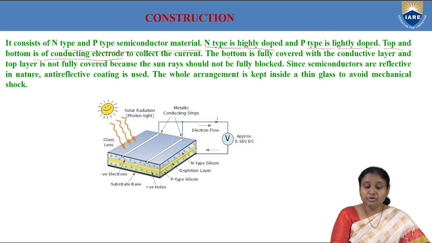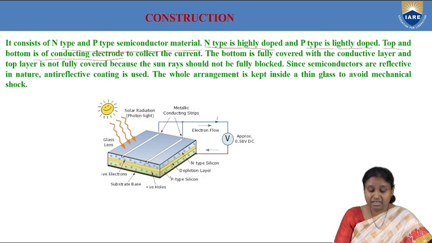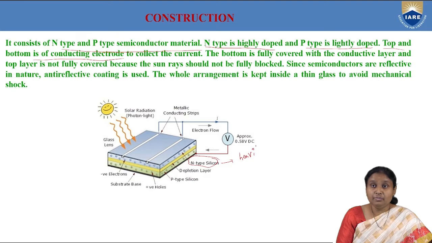If we look at this figure, the top layer is our N-type silicon, which is heavily doped, which means we add a lot of pentavalent impurities. Whereas, as you can see, the bottom layer is p-type silicon, which is lightly doped.